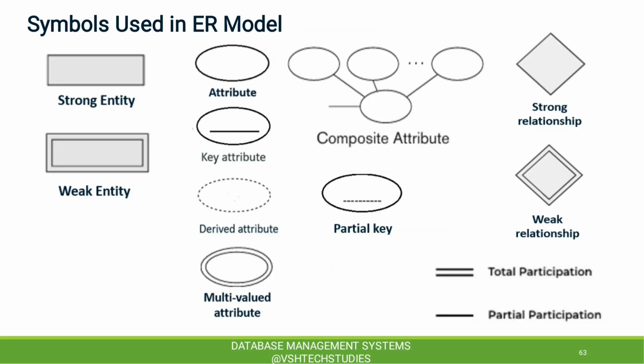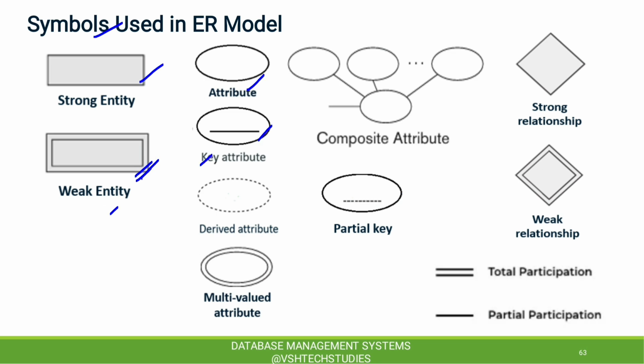Okay. So the different symbols used in an ER diagram are: this rectangle indicates strong entity, one rectangle within another rectangle represents weak entity. Then this oval shape indicates attribute. In an oval shape, if an attribute is underlined, that indicates key attribute. An oval with a dashed underline for an attribute means that attribute is called partial key, the key attribute of a weak entity.